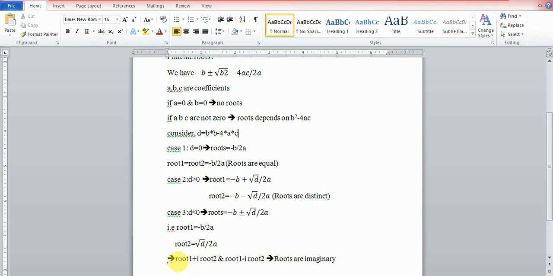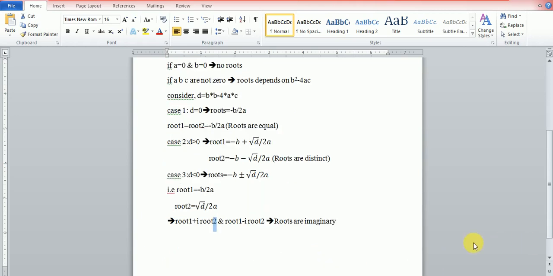This is of the form x plus iy, where x is root 1 and y is root 2. Similarly root 1 minus i root 2. So the roots are imaginary. This is the basic concept of the quadratic equation.